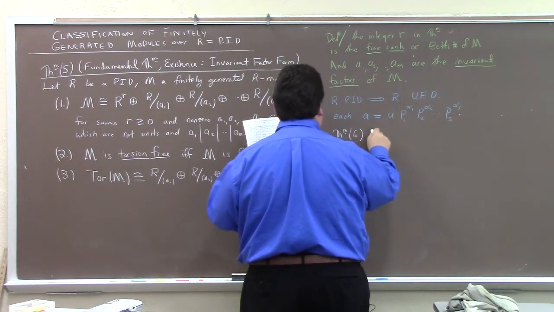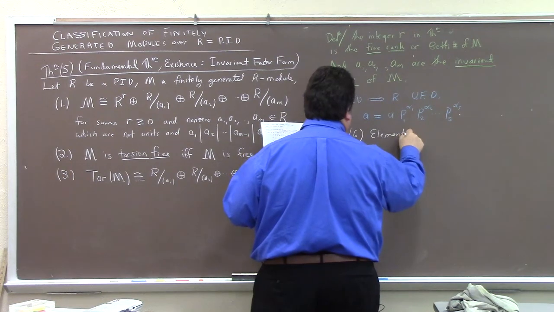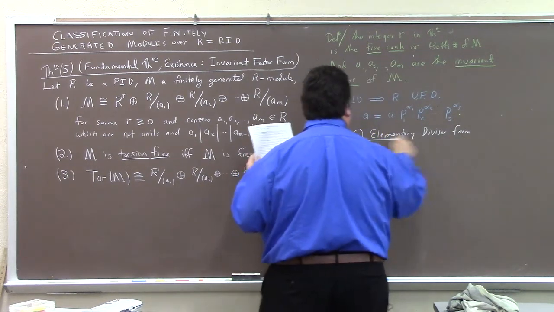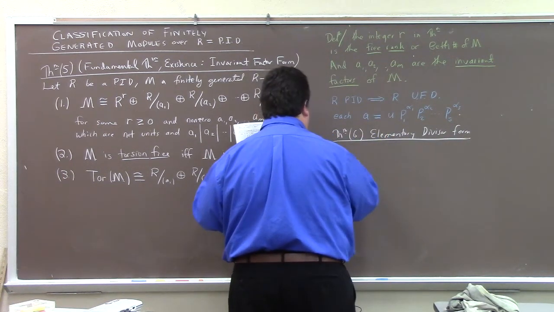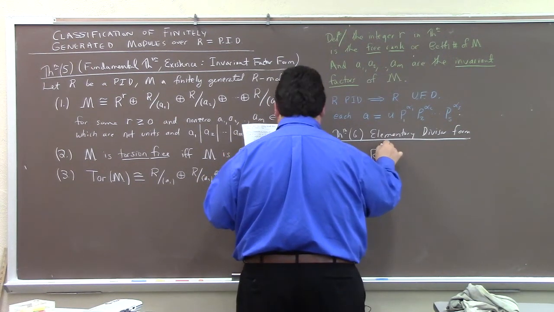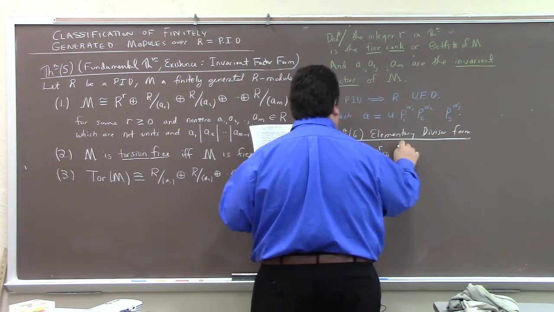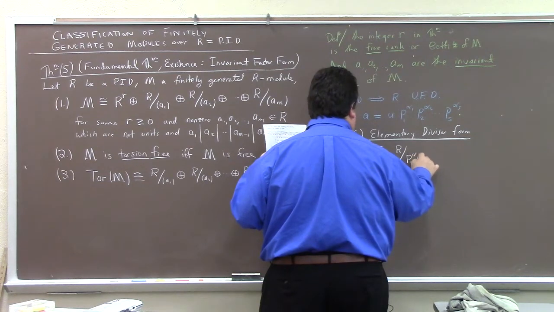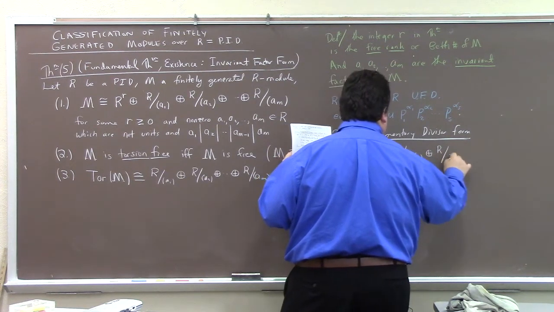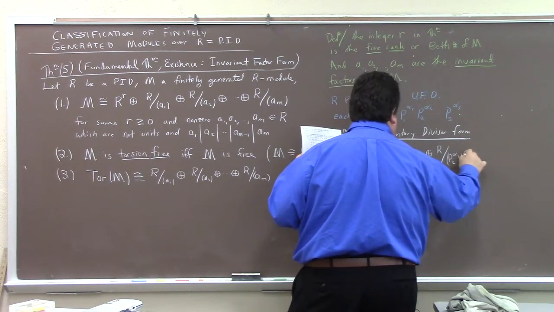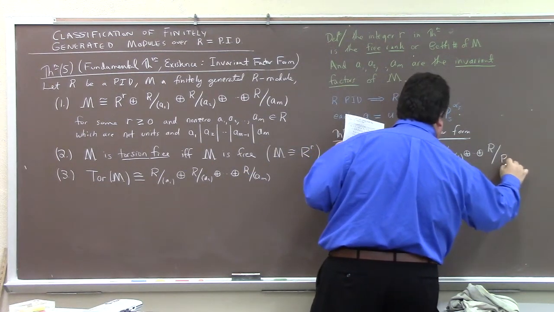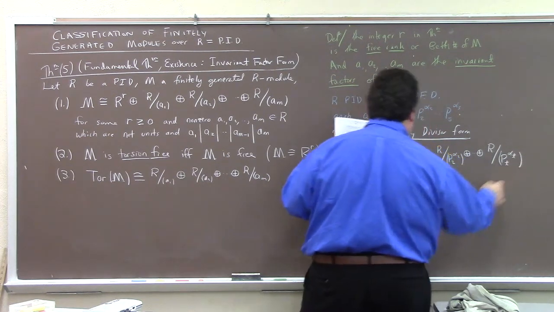which is the elementary divisor form. Which says basically that M is isomorphic to its free piece, R to the r, direct sum with R mod the ideal generated by p1 to the alpha 1, R mod p2 to the alpha 2, direct sum R mod p_t to the alpha t, the ideal generated by that, right?